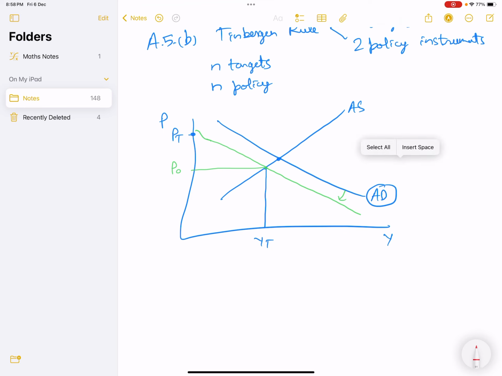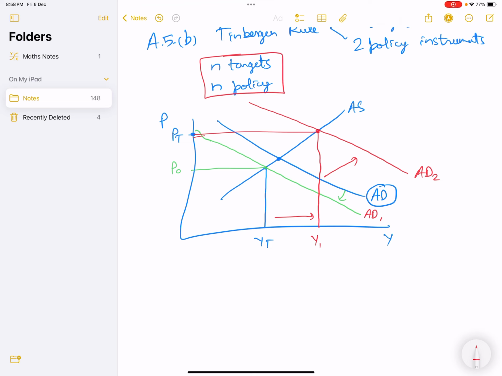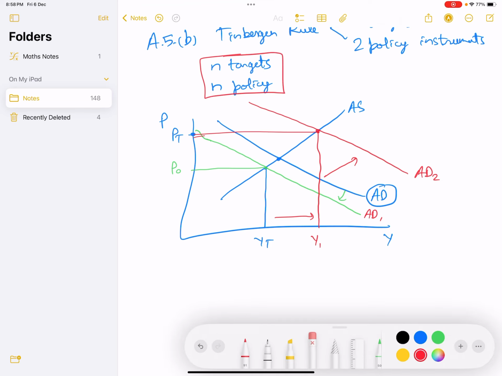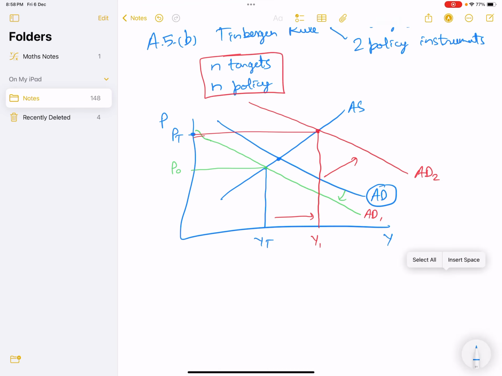If they want to achieve the price level, they will increase the aggregate demand to this AD2, this is AD1, and here the price level is being achieved, but the output level we are not able to achieve. It is higher than this. So it depends upon how many targets you have and how many policy tools are there with you. Okay, I hope this is clear.